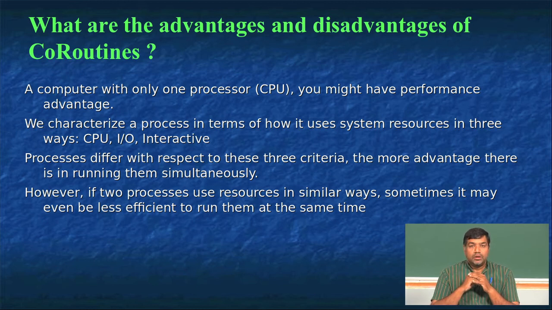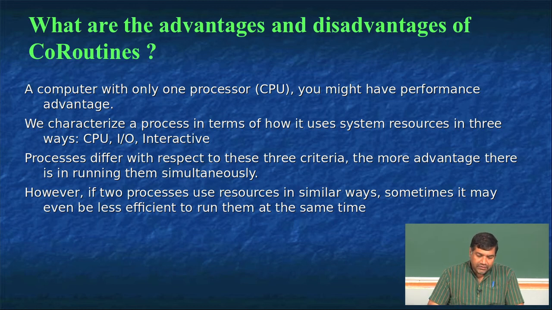Any process can differ with respect to these three criteria, and therefore by running them simultaneously, you will be able to time share between two processes. If you want to run two independent processes, you can run them together by using these coroutines. But ensure that if you want all the processes to complete and then proceed, you use something like wait.